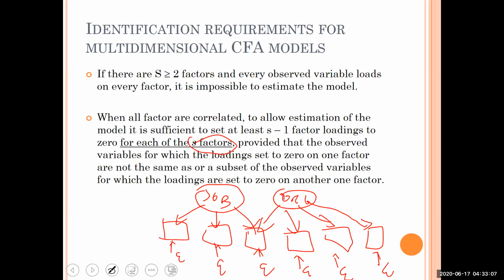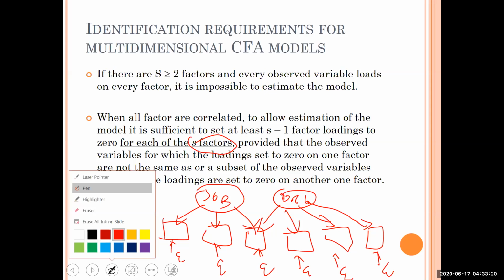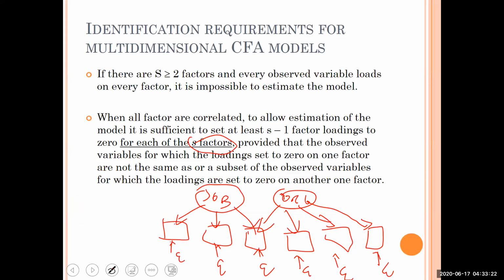For this model here, this means that there must be at least one indicator that's unique to that factor. In other words, here there are 2 indicators that only measure job satisfaction, and 3 indicators that only measure organizational commitment. Therefore, it meets this requirement.